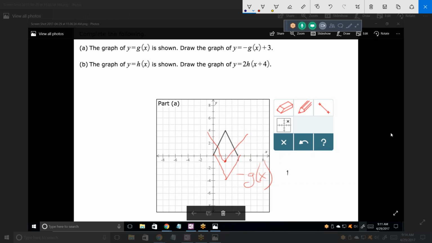If we'd have done the vertical move first, we'd have been there. And now, if we flip that over the x-axis, it ends up way down there, as opposed to the correct place that the graph ends up, which is right there. So this is an excellent example of why you've got to do your reflections first. Otherwise, you end up with the wrong graph.